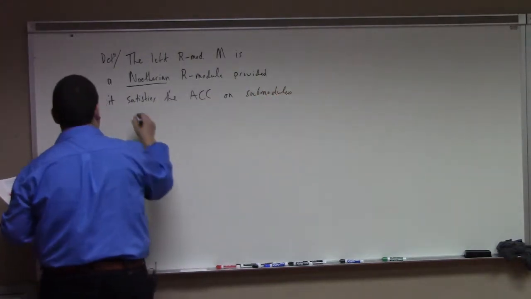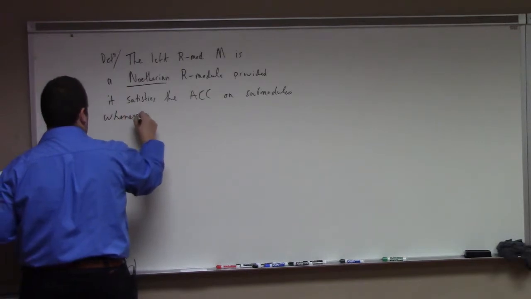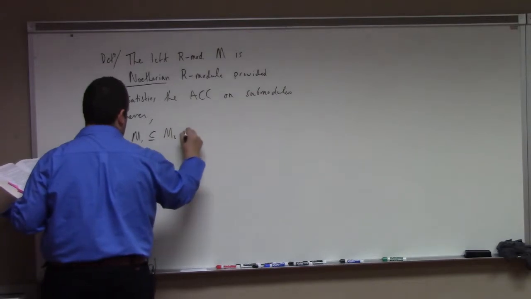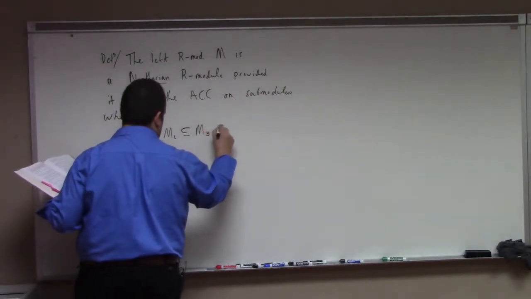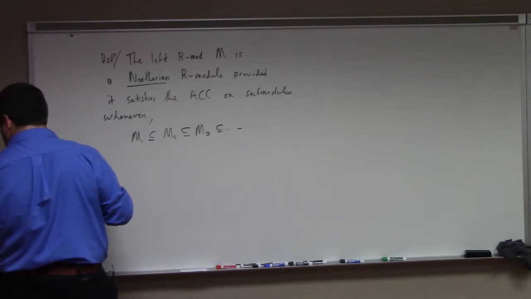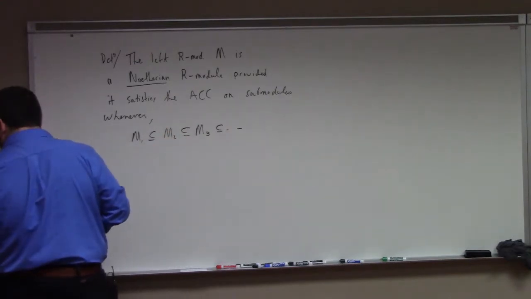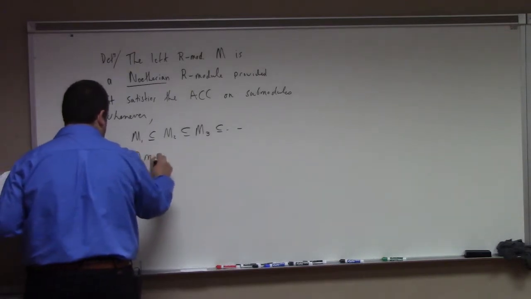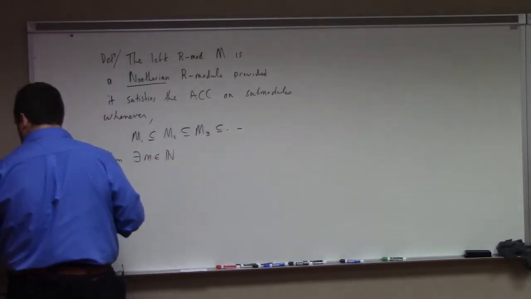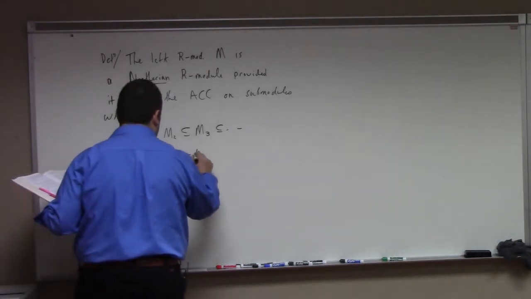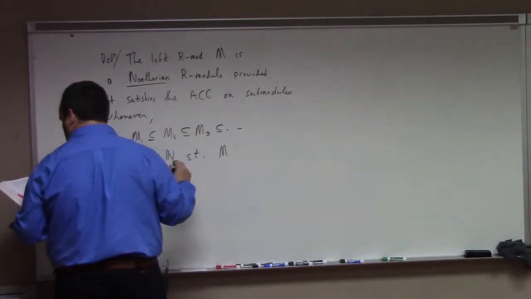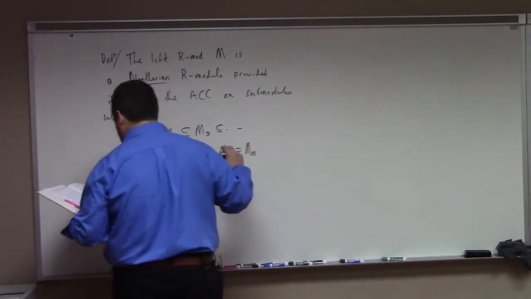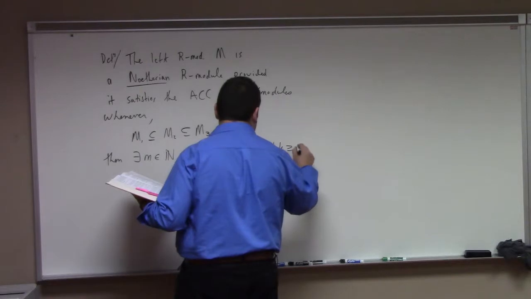So what that means is that whenever we have M1 contains M2, contains M3, and so forth, if we have this increasing chain of submodules, then there exists some m in the natural numbers such that M sub k is equal to M sub m for all k greater than or equal to m.